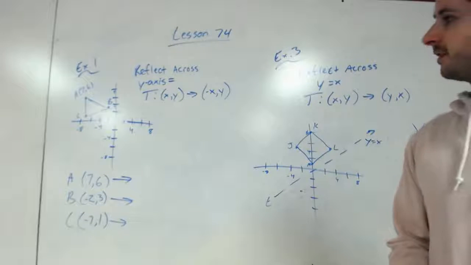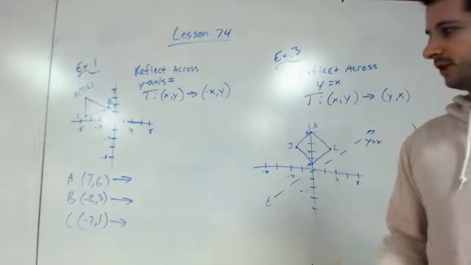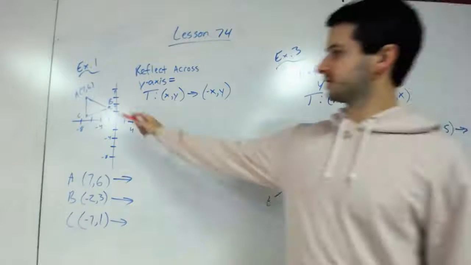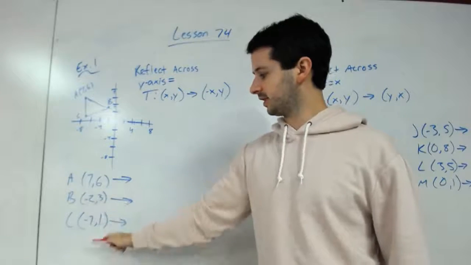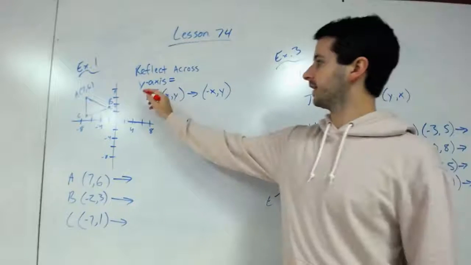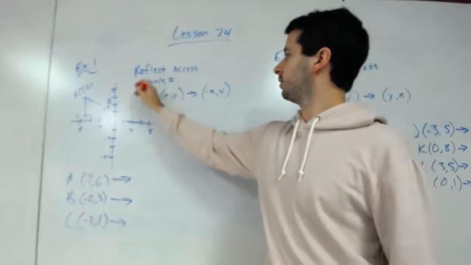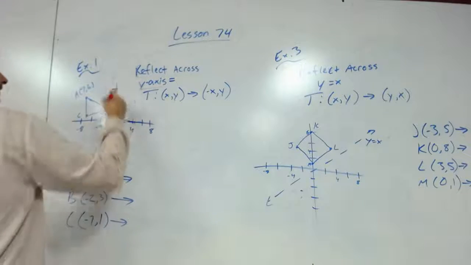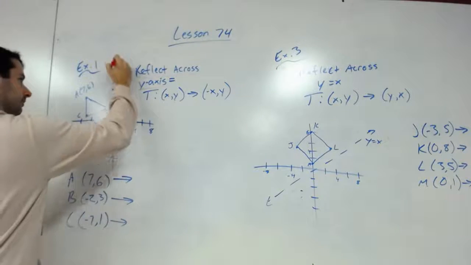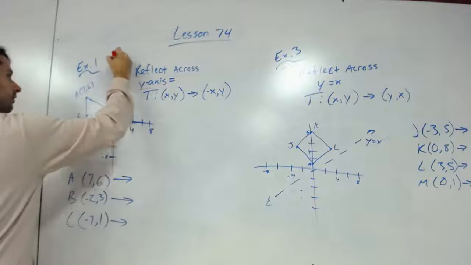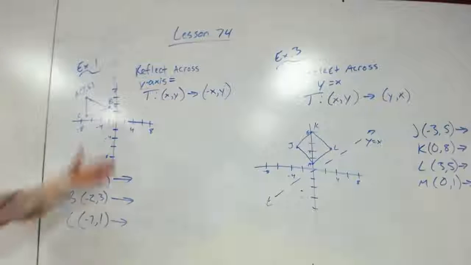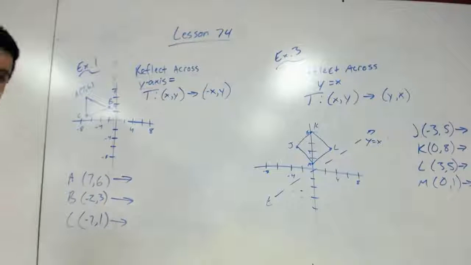So, in example 1, and you kind of just got formulas for reflections, it gives us A, B, C at these coordinates, and it wants us to reflect across the y-axis. So this is our y-axis, so we want to reflect across the y-axis. So how do we do that? Well, you just kind of got to know the formulas here.